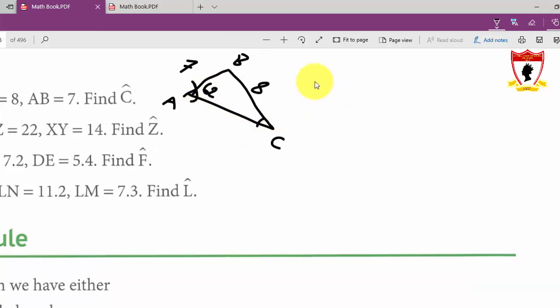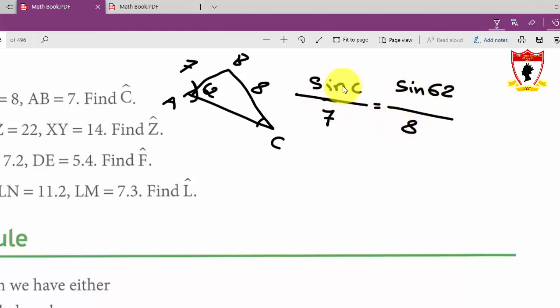Angle C is missing, then sine of C over its opposite, which is 7, is equal to sine of 62 over 8. Now to find sine of C, we're going to multiply 7 by sine of 62 and divide the result by 8.